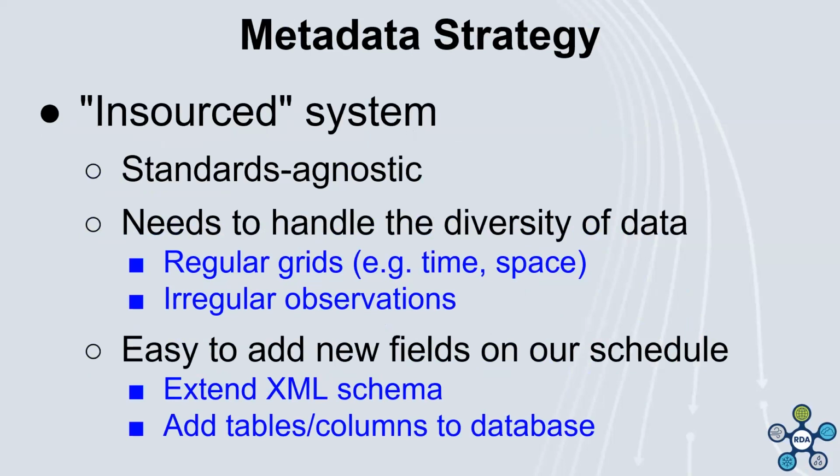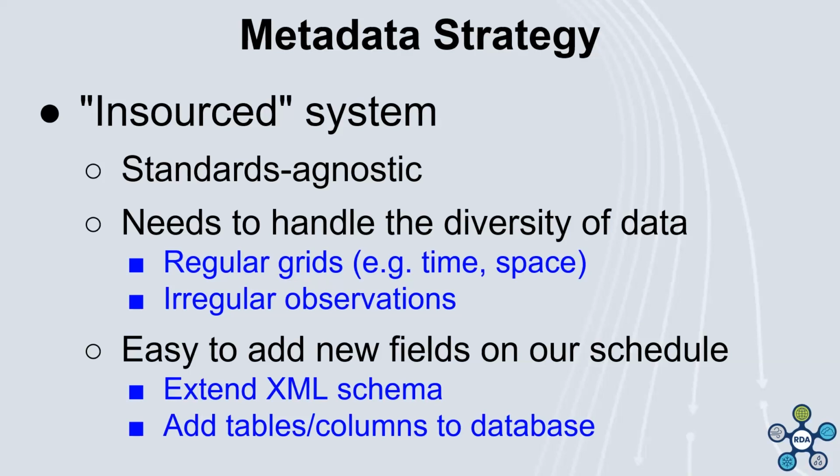So our strategy has been to create an in-house collection and storage system. It's really standards agnostic. We created our own XML format because it needed to handle the diversity of our data, again, regular grids versus irregular observations. But it also makes it easy for us to add new fields on our own schedule.